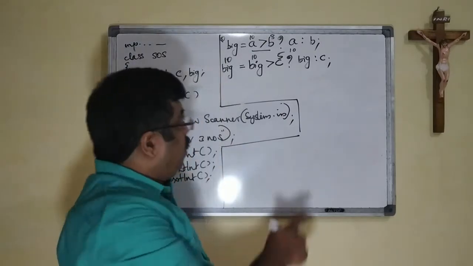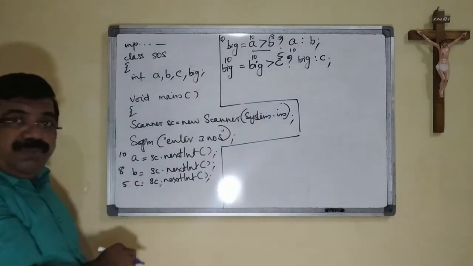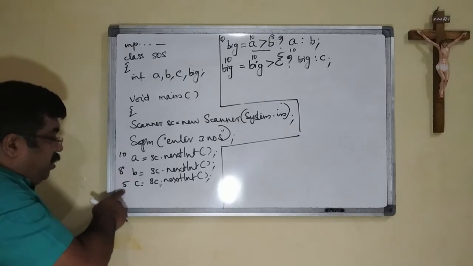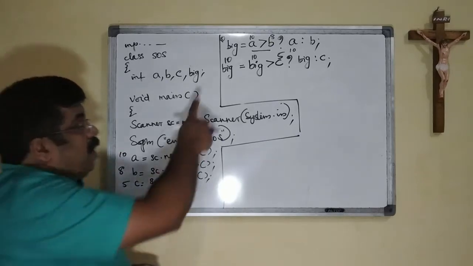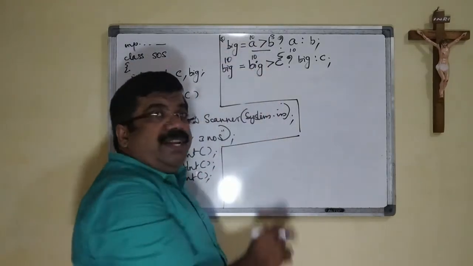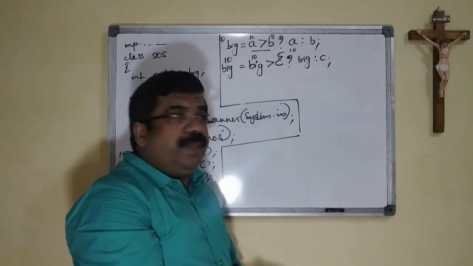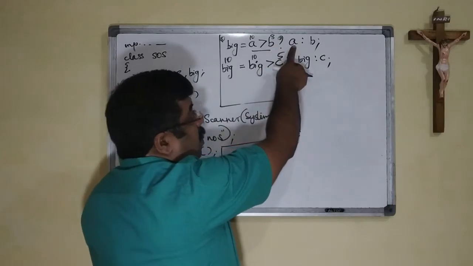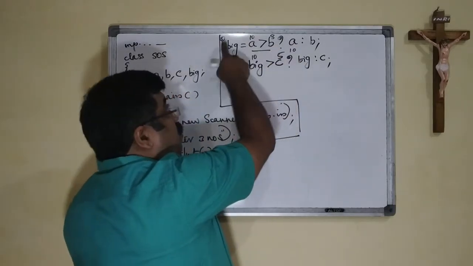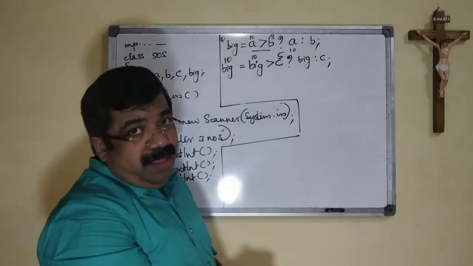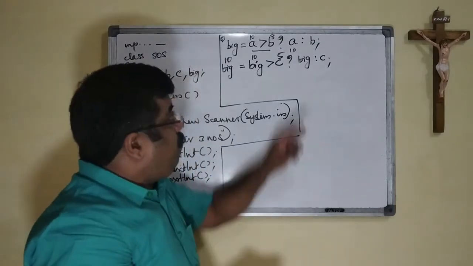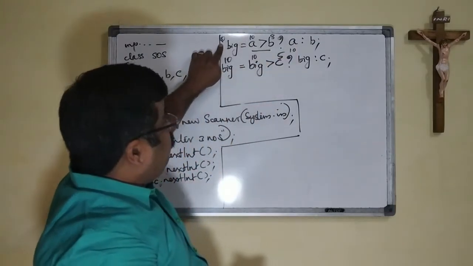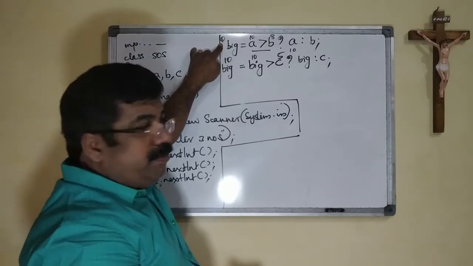See, we had three numbers, 10, 8, 5. Comparison between first and second is done now. If the first one is greater than the second one, the first number will be returned to the big. With the present value, 10 is coming to the big.